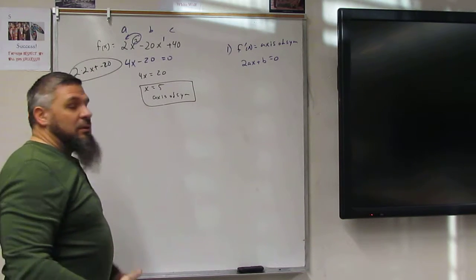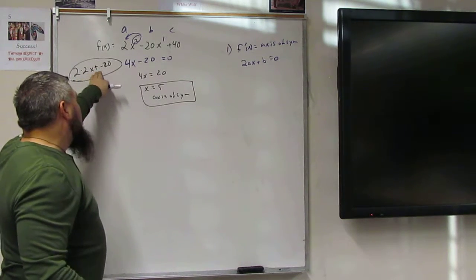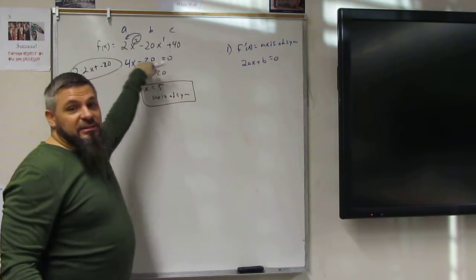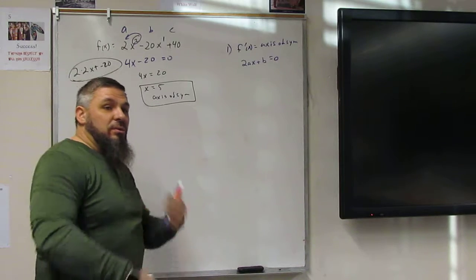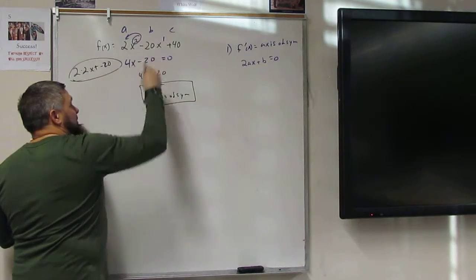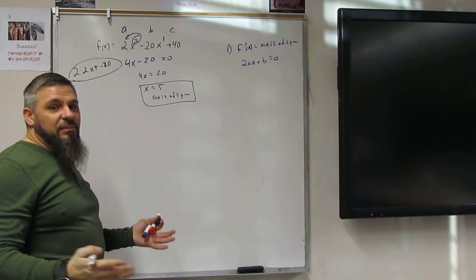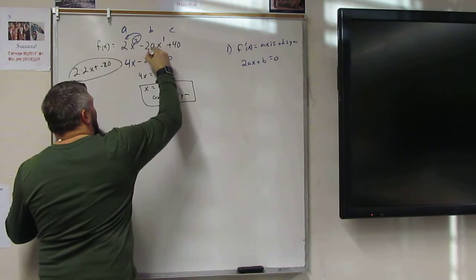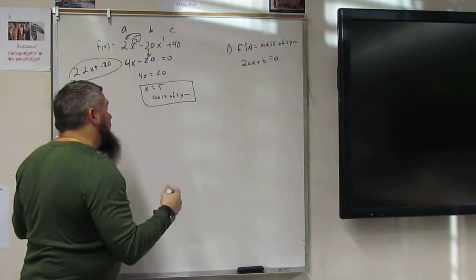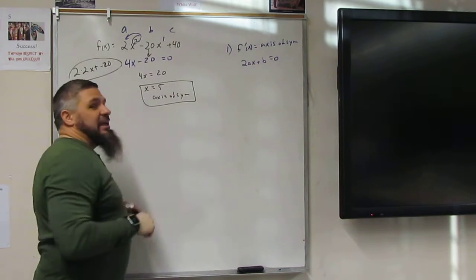Equals 0. 2ax plus b equals 0. So that's what this is. Or you can remember how to do it just by doing the derivative. It's always 2 times this plus this number, every single time. So you just bring this number down, 2 times this. Boom. Every time. Solve it. That's your axis of symmetry.